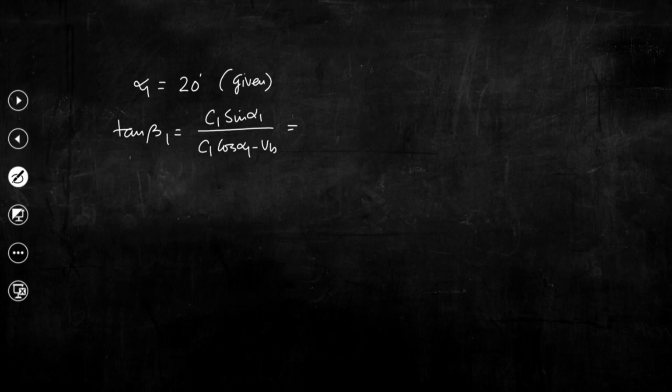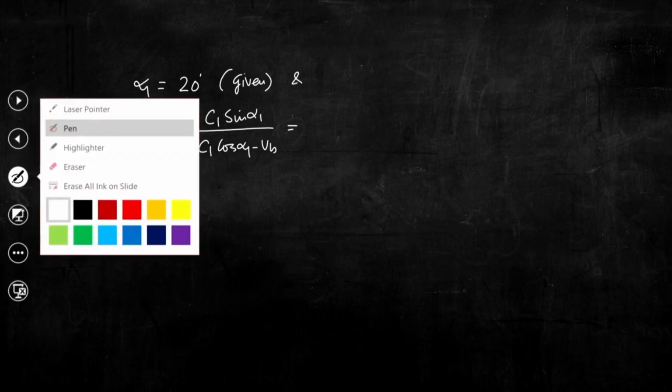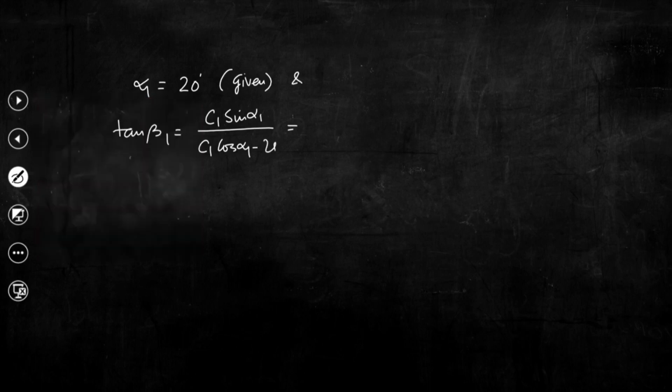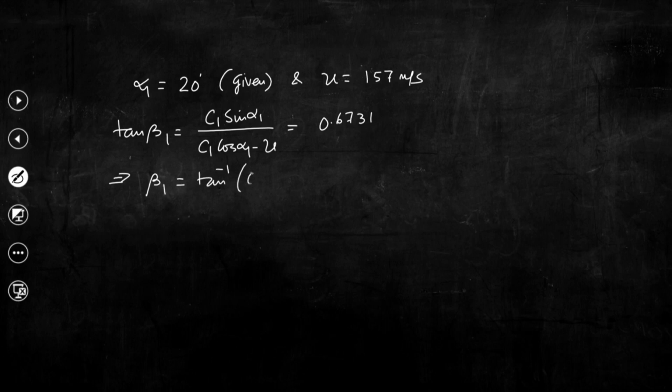Here u is the blade velocity, and we have already calculated u equal to 157 meter per second. If we calculate, tan beta 1 is 0.6731, therefore beta 1 equal to tan inverse 0.6731, and you will be getting 33.95 degree. You can check the numerical value again, but the procedure is correct. So, this is beta 1.